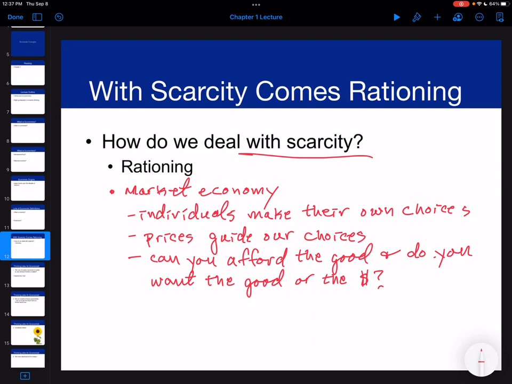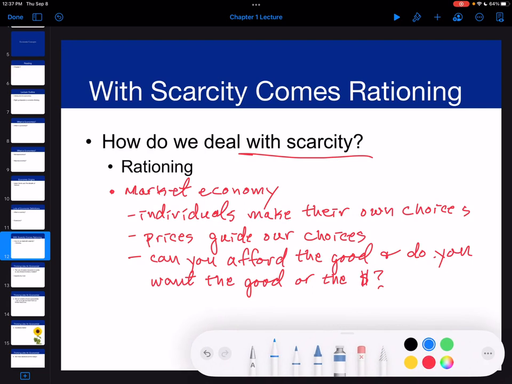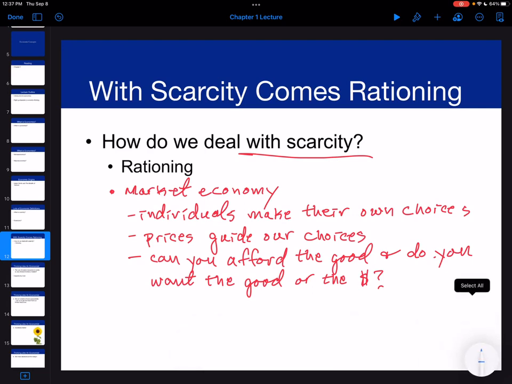There's other ways we could do it, right? In a communist society, the rationing is basically done by the government. The government decides who gets what. We could also do random assignment, which would be maybe more fair, but then it might not make so much sense, right? Because all of a sudden one day you get a Ferrari, but no food.